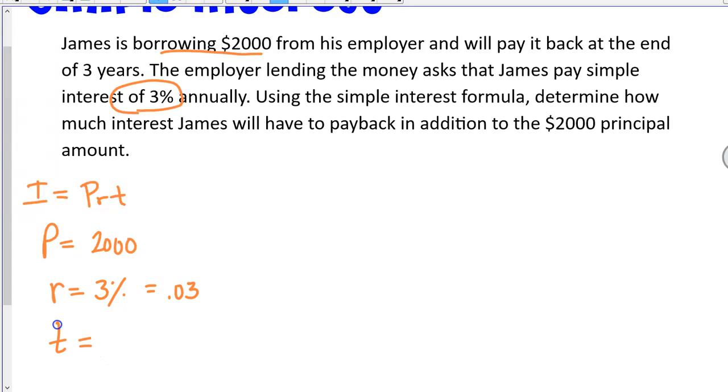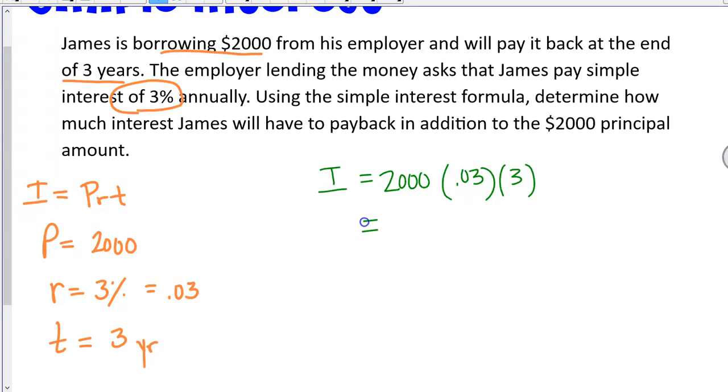And then T is time, so right here where it says for 3 years, T is 3. So plug that in. I is going to be 2,000 times 0.03 times 3, so that's $180 interest to pay back on that $2,000 loan.